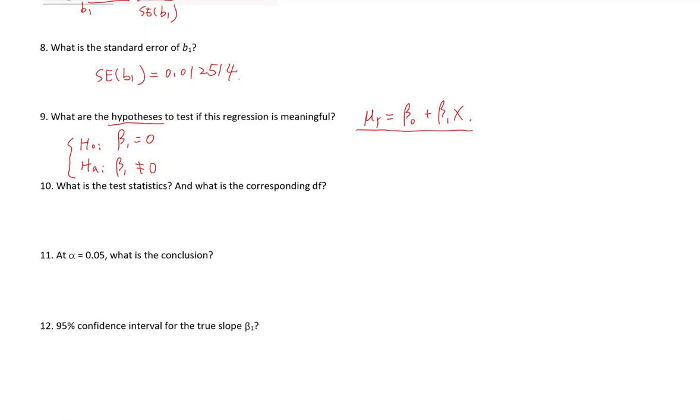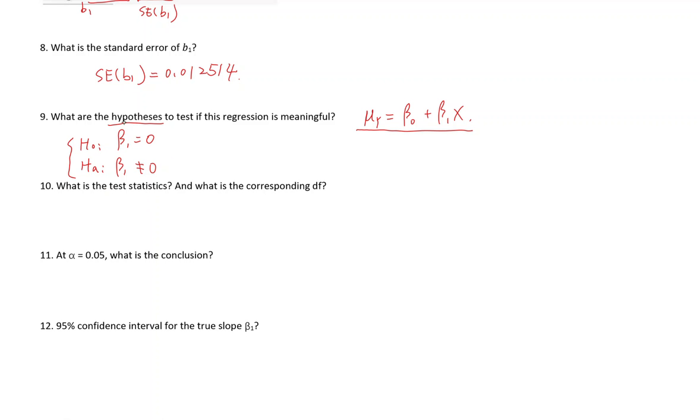And next, what is the test statistic? So first, is it a t-test statistic, or z-test statistic, or chi-square test statistic, or even in the next chapter, an f-test statistic, right? So first, you need to decide what the test statistic is.